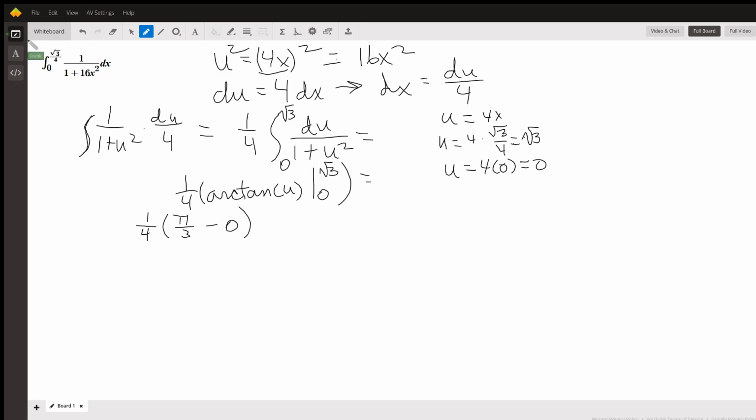So 1/4 times pi over 3 minus 0 equals 1/4 times pi over 3 equals pi over 12.